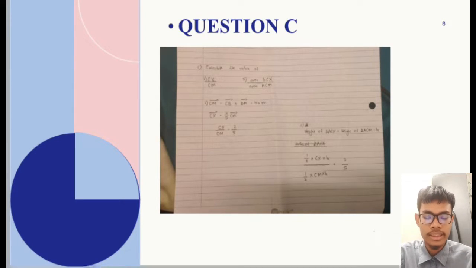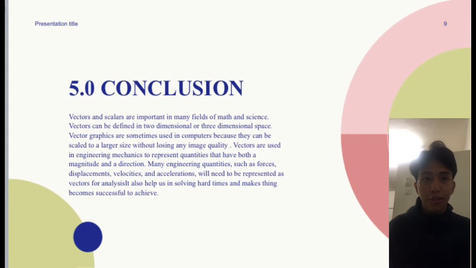For the second question, the height of ACS equals the height of ACM, that is h. So 1 per 2 times CS times h over 1 per 2 times CM times h is equal to 2 per 5. Quite simple.